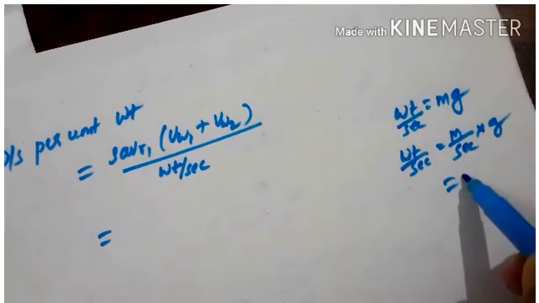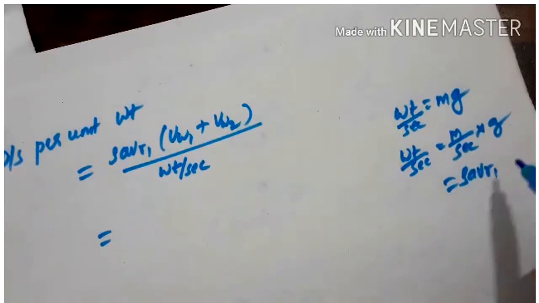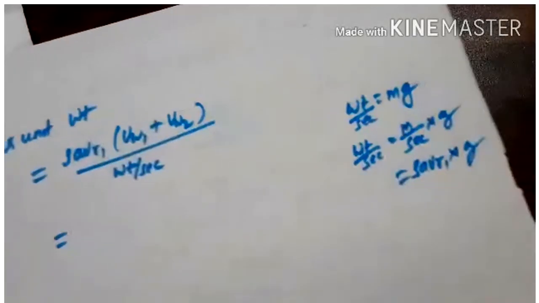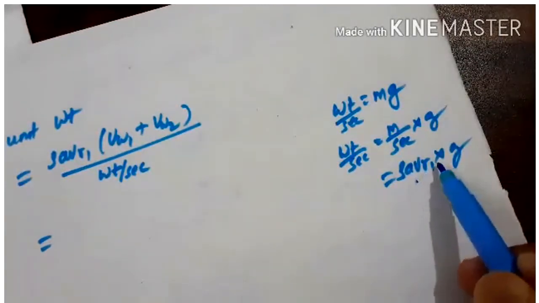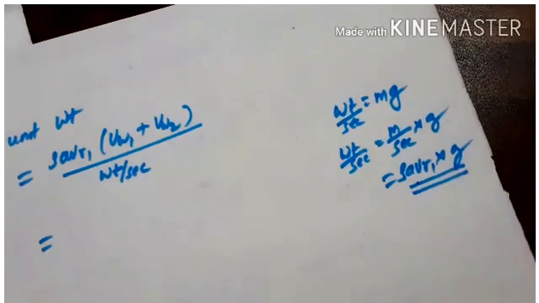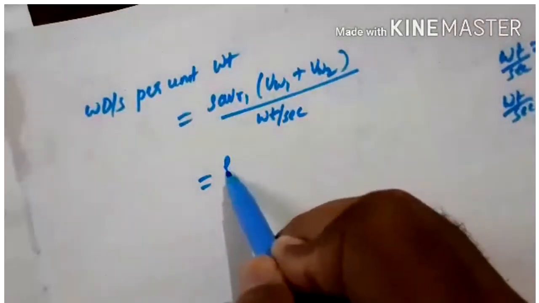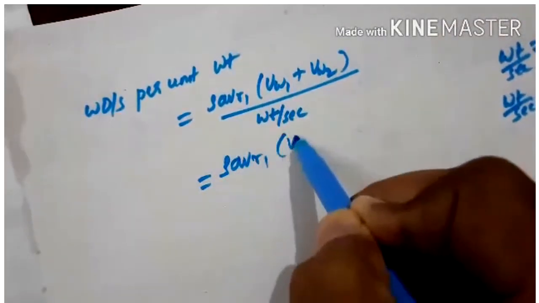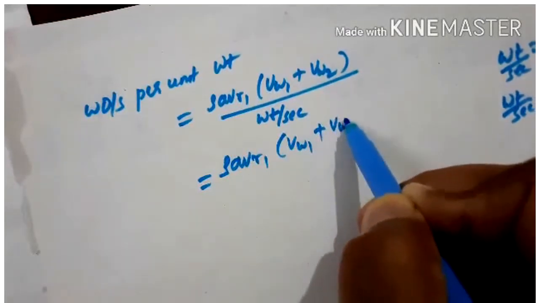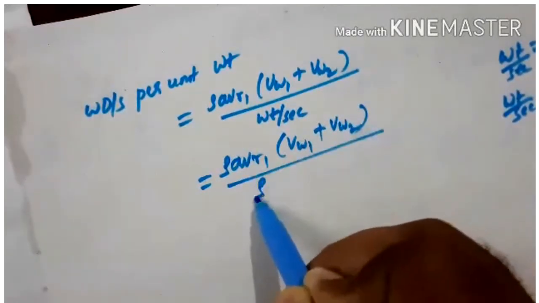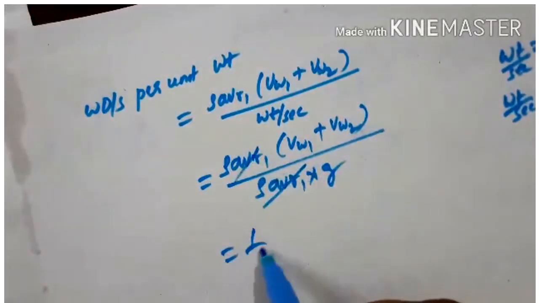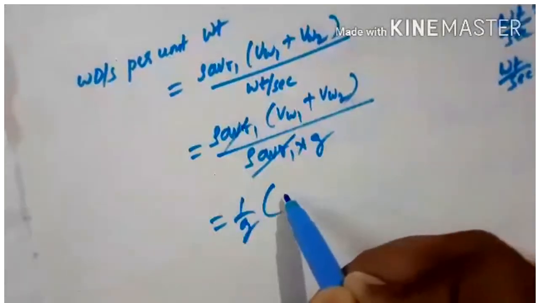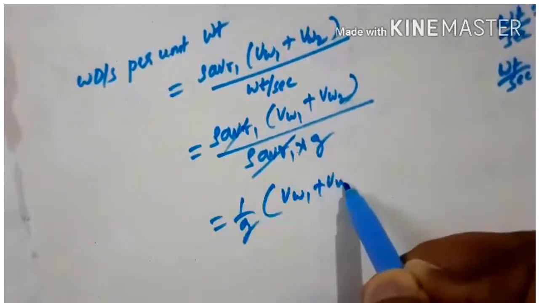Mass per second, the mass flow rate, is rho A VR1, into G. So this gives you weight per second. Then dividing, rho A VR1 (VW1 plus VW2) divided by rho A VR1 into G, this gets cancelled. We get 1 by G (VW1 plus VW2).